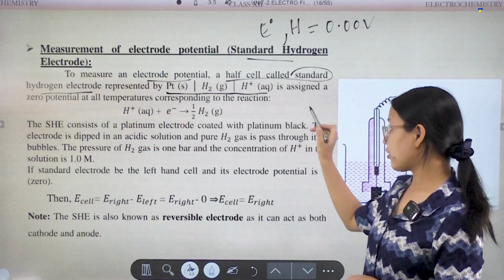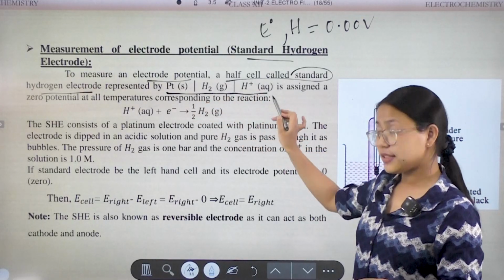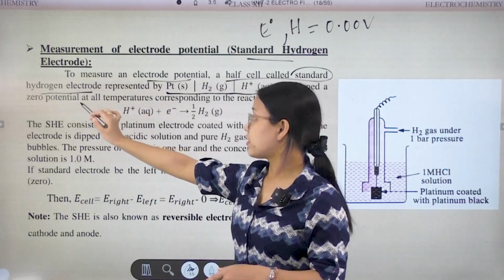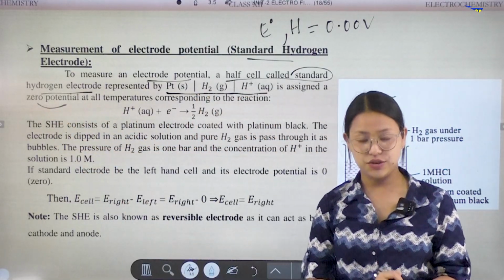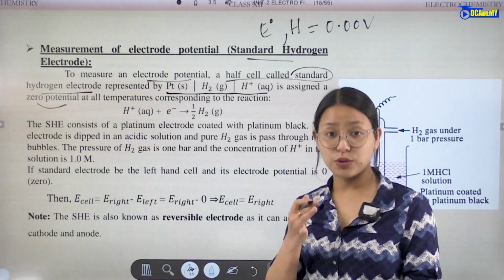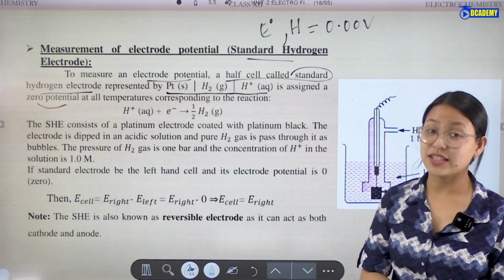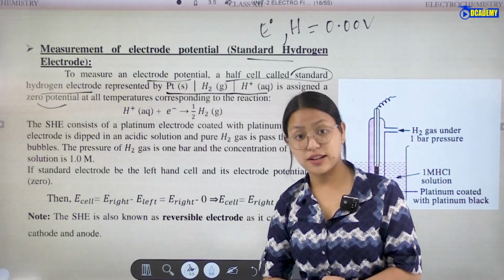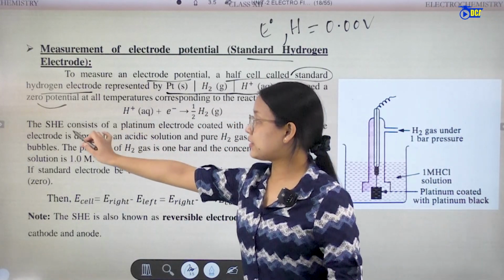The standard hydrogen electrode is considered to have this zero potential, 0.00, that means zero potential level, for the standard hydrogen electrode reaction.